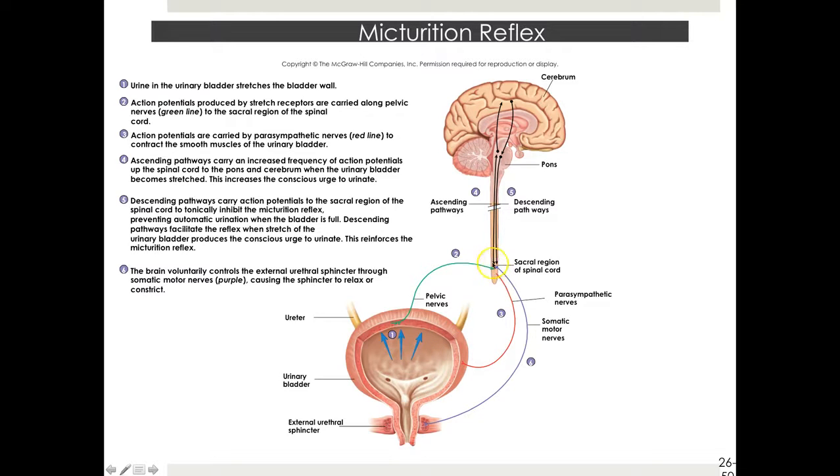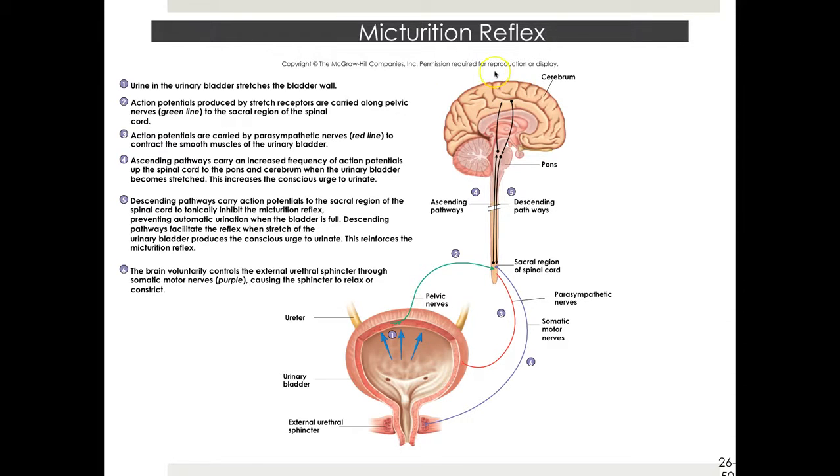We also send signals through our ascending pathways that's going to tell our brain, hey, you have to go to the bathroom, your bladder is full. So we're making connections here in the pons, in that pontine micturition center, and also sending it over to our cerebral cortex, where we have conscious thought taking place, telling us to go to the bathroom so that we can urinate.